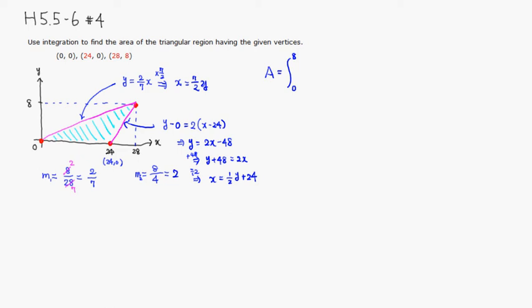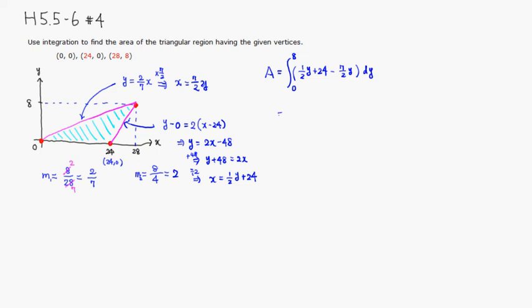Then the top line would be 1/2 y plus 24, minus the bottom one, which is 7/2 y, with respect to y.